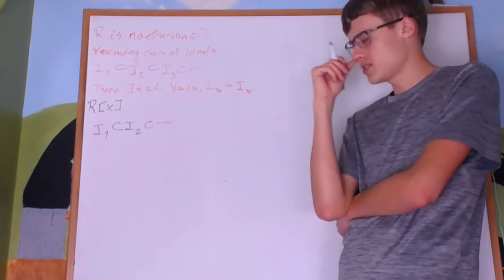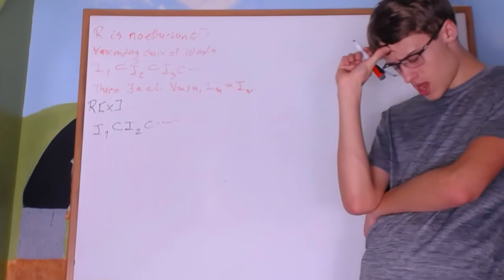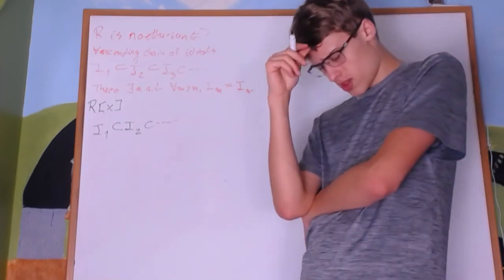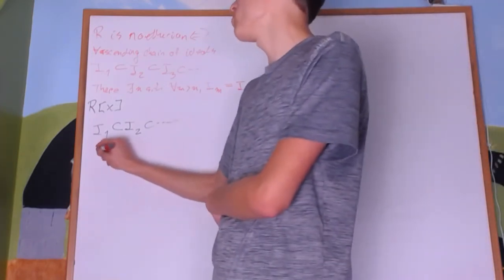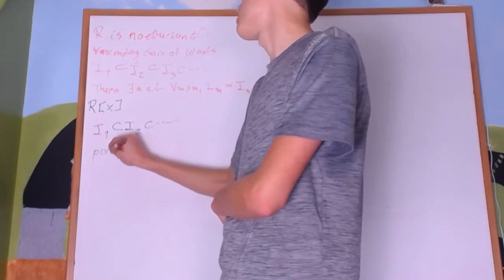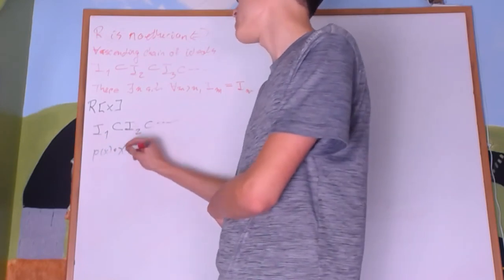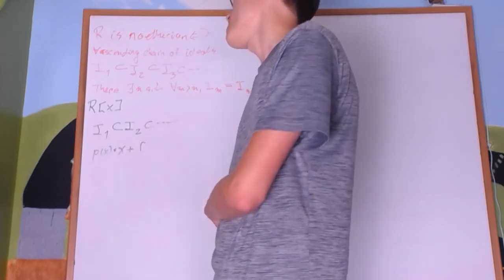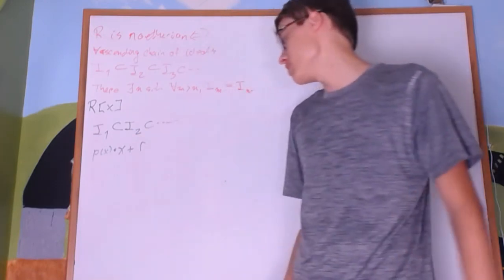How about I just project it onto the constants? So you have a polynomial part, which you can multiply by x again, and then you just have an element of the ring right at the end.